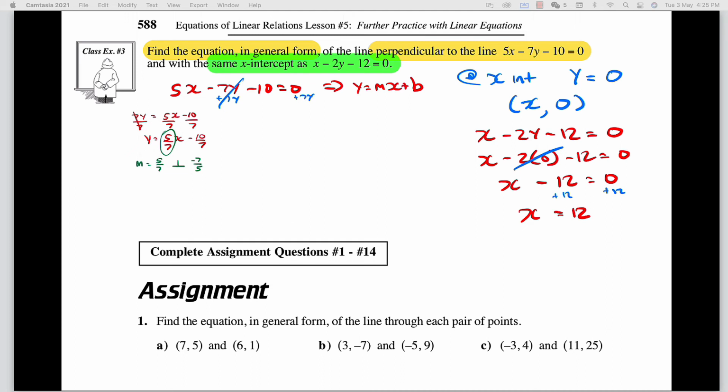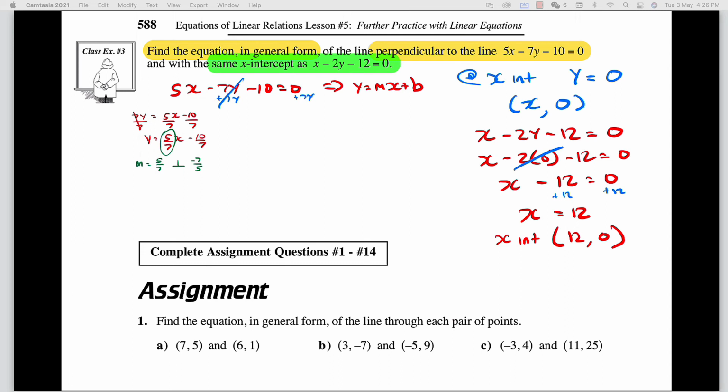So basically, the x-intercept is going to be at 12, 0. Okay, so that is a point on the line.